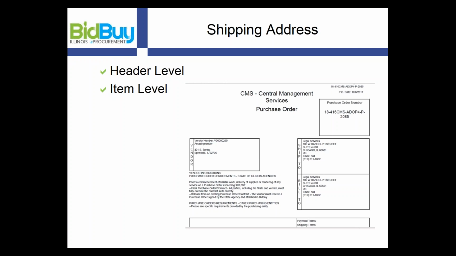But we also have circumstances where we may be sending you an order, and it's a large order. Some of the items on the order are going to one ship to address, and some of the items are going to another ship to address. So what we wanted to share with you is you can receive a purchase order that simply has the items listed and has the ship to and bill to information right here at the header of your purchase order.